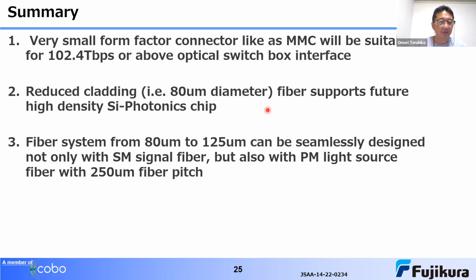And third, the fiber system from 80 micron to 125 micron can be seamlessly designed not only with SM single mode signal fiber, but also with PM light source fiber with 250 micron fiber pitch.